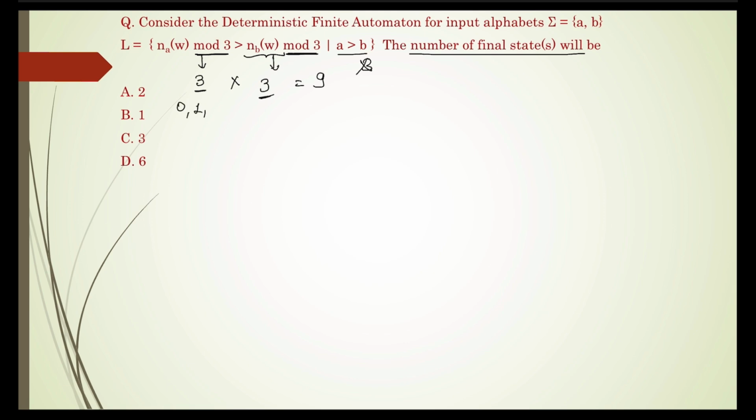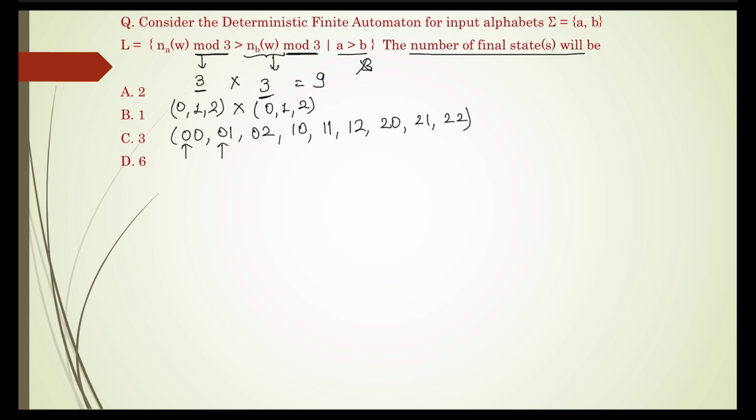Now since we are talking about mod 3, the remainder can be 0, 1 and 2. Same will happen for the number of B. Now when we take the cross product of these two, number of states will be 9: 0 0, 0 1, 0 2, 1 0, 1 1, 1 2, 2 0, 2 1 and 2 2.